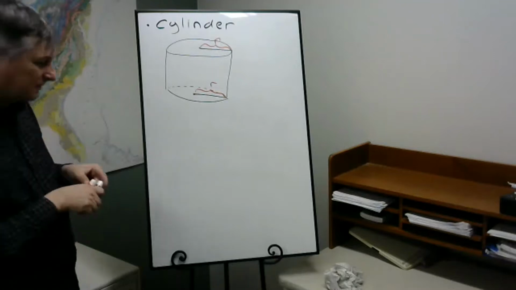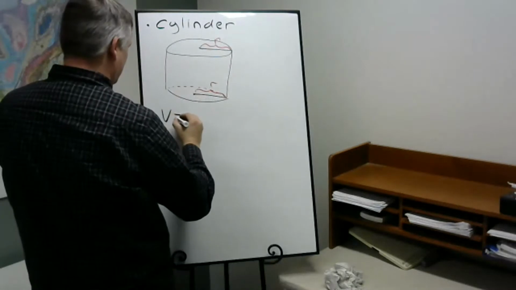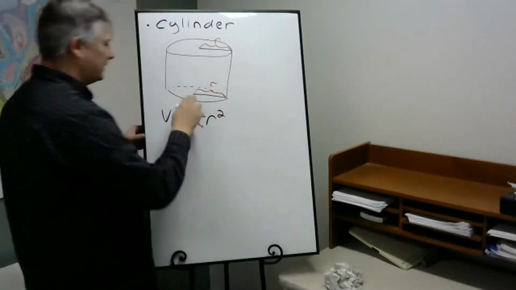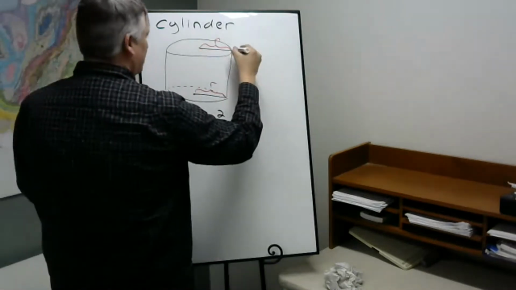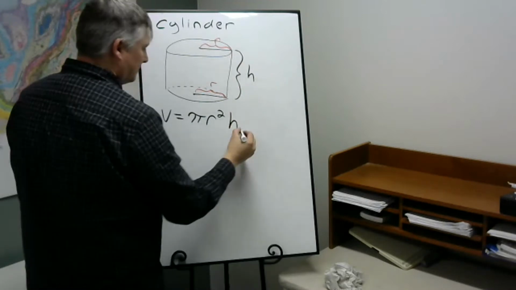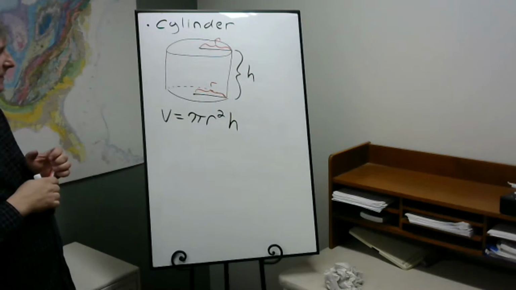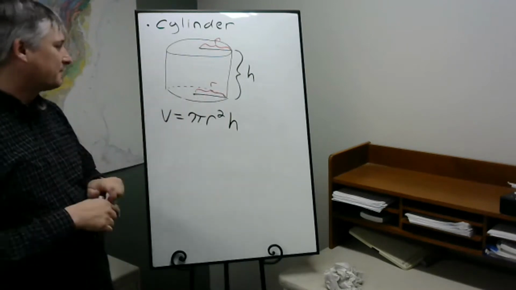So the volume of the cylinder is pi r squared, and that's the area of the bottom, or the area of the top. And then we multiply that by h. So pi r squared h, this area times the height.